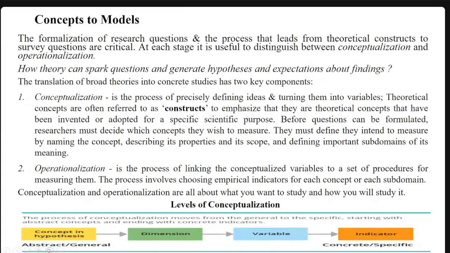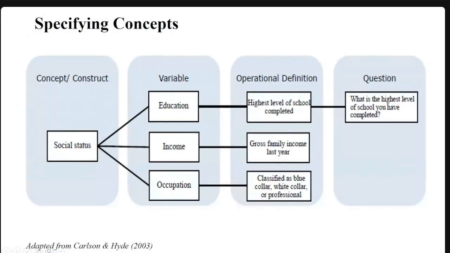But when you have to measure and operationalize it, you have to break it into different dimensions. Once you have broken it into different dimensions, you can derive the appropriate variables which are important for you to measure. The variables can again be narrowed down to indicators. I can give you an example. Suppose you are interested in understanding social status.